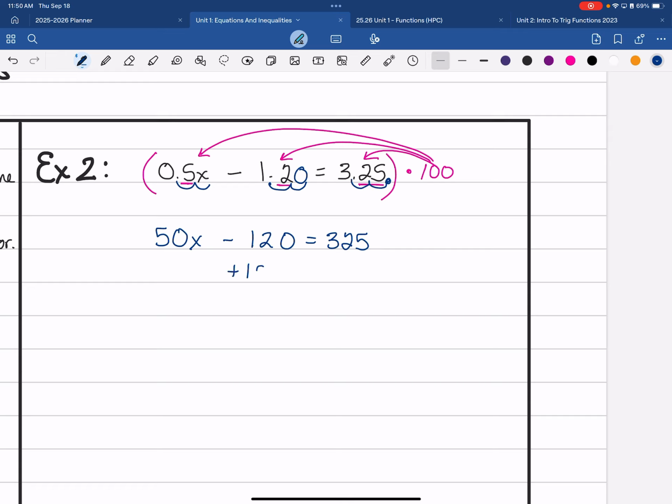I'm going to add 120 to both sides. I have 50x equals 445, and then I'm dividing by 50.